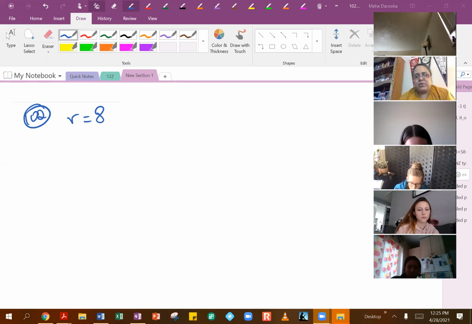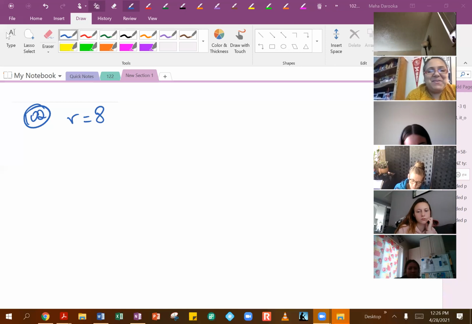Which conversion would you use? Would you square both sides first?